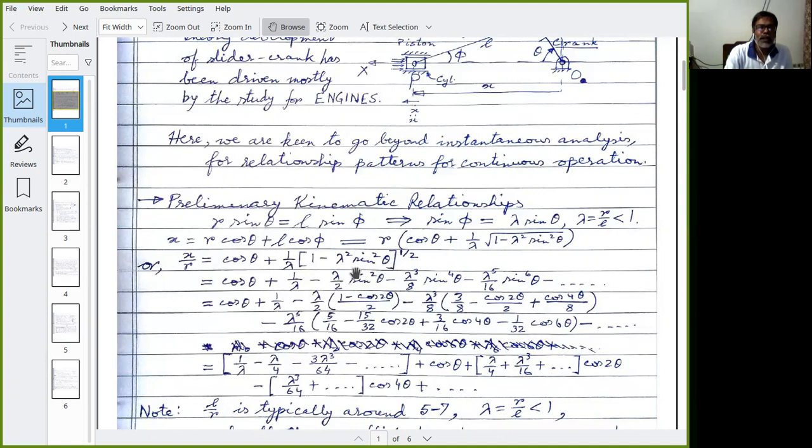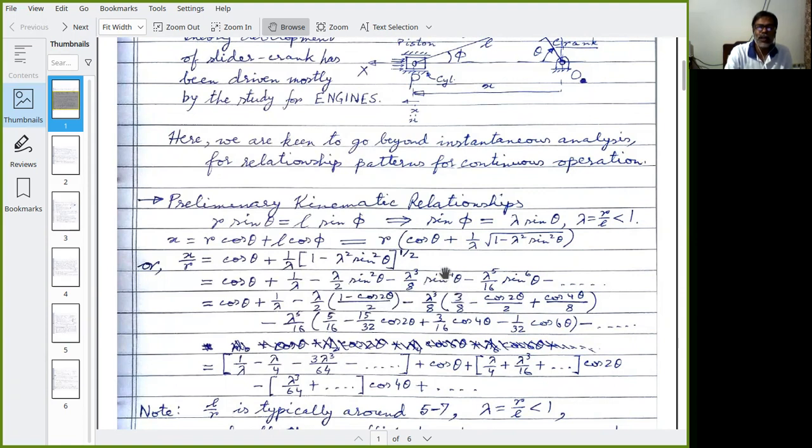Sin square theta, we can break in multiple angles. So 1 minus cos 2 theta, by 2. Then similarly, sin to the power 4 theta, you can use that same formula twice to break it into cos 2 theta and then that into up to cos 4 theta.